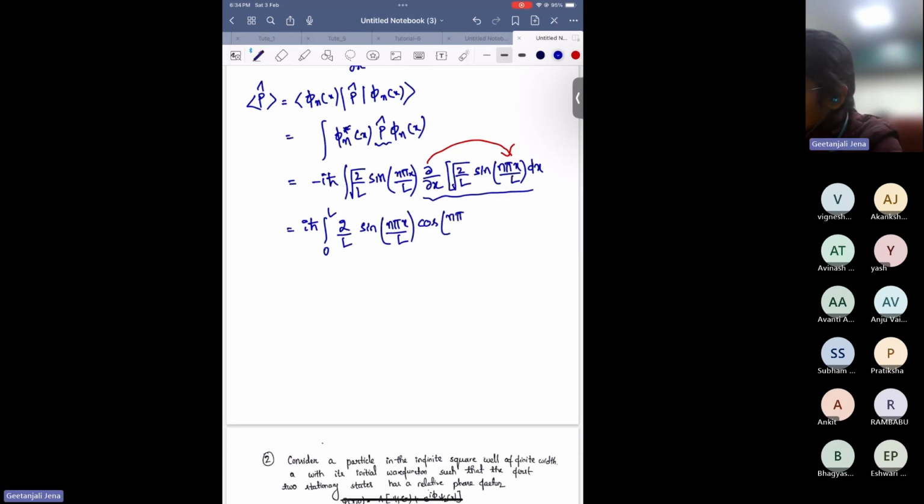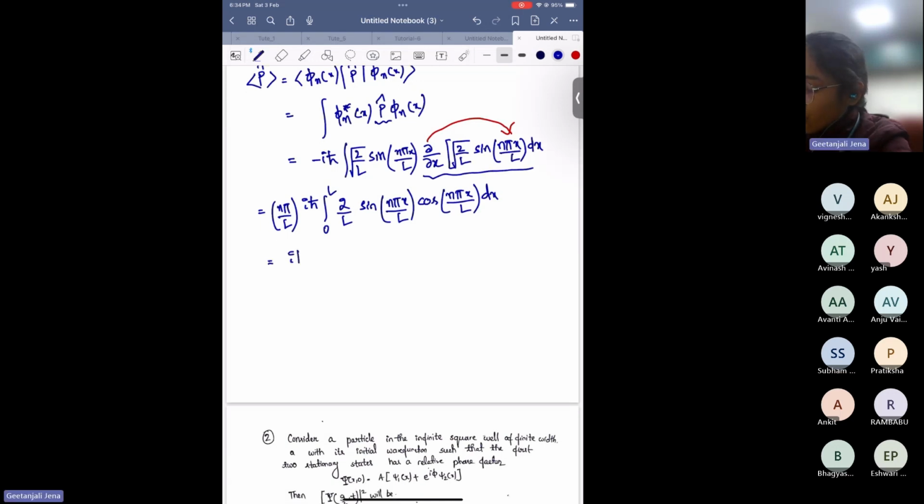Cos n pi x by L dx. And there will be a constant factor also, which is n pi by L. So now if you solve it, n pi by L, there is a L here also.